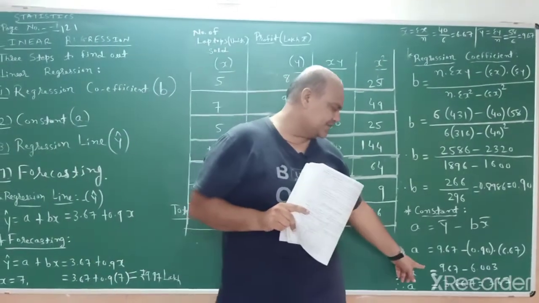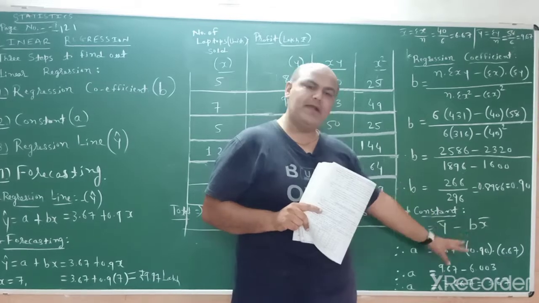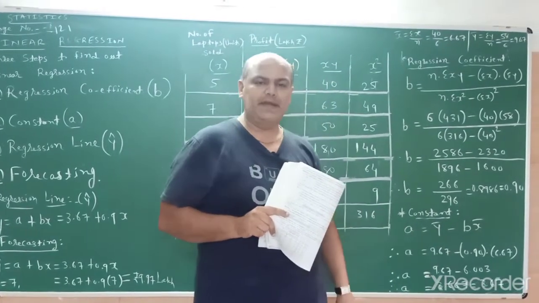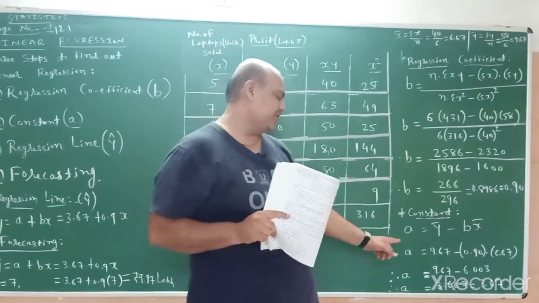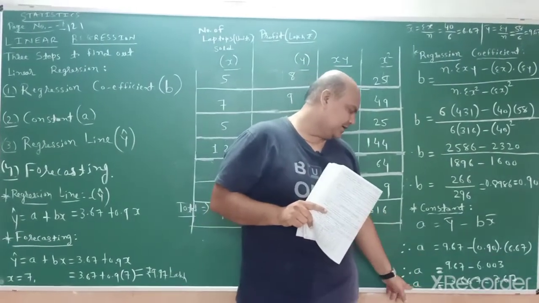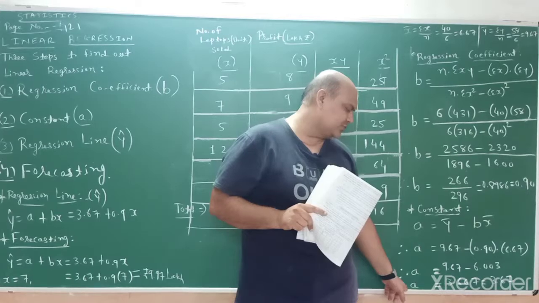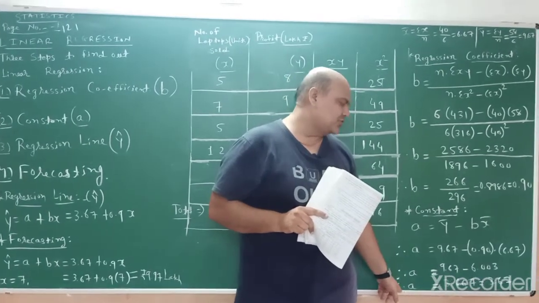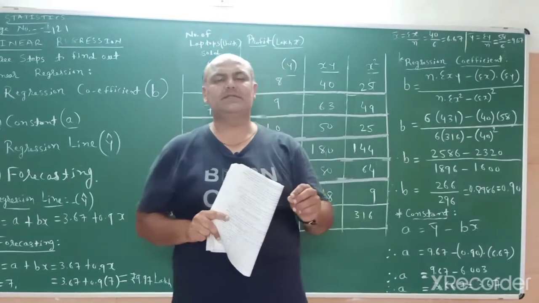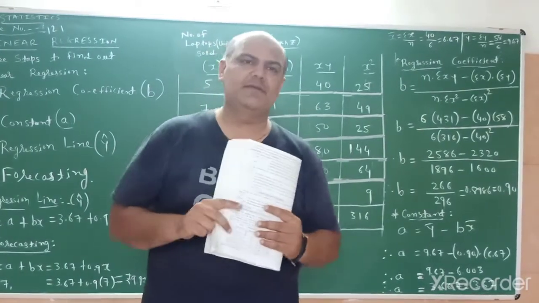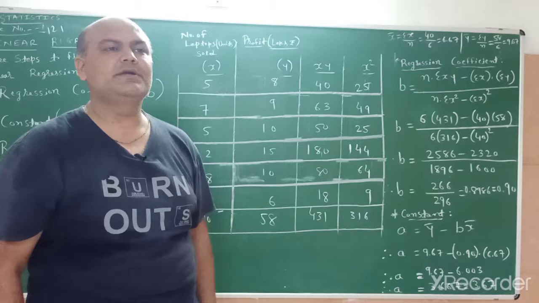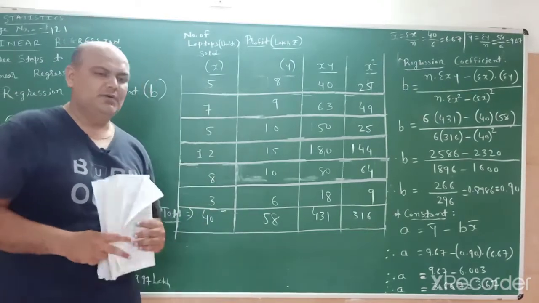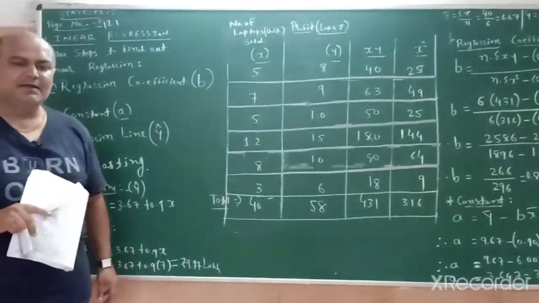So 9.67 minus 0.90 into 6.67, that is 6.003. So 9.67 minus 6.003, the final answer is a equal to 3.67. That is called the constant, the value of a. Now the next step is the regression line.